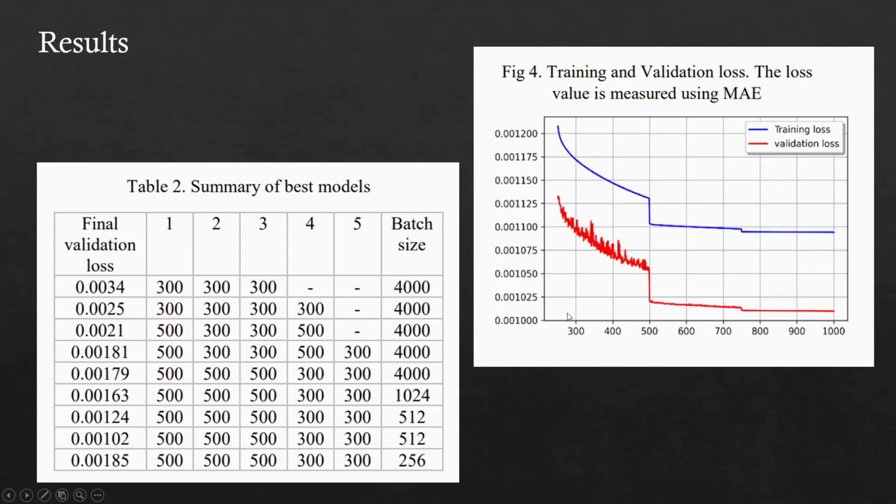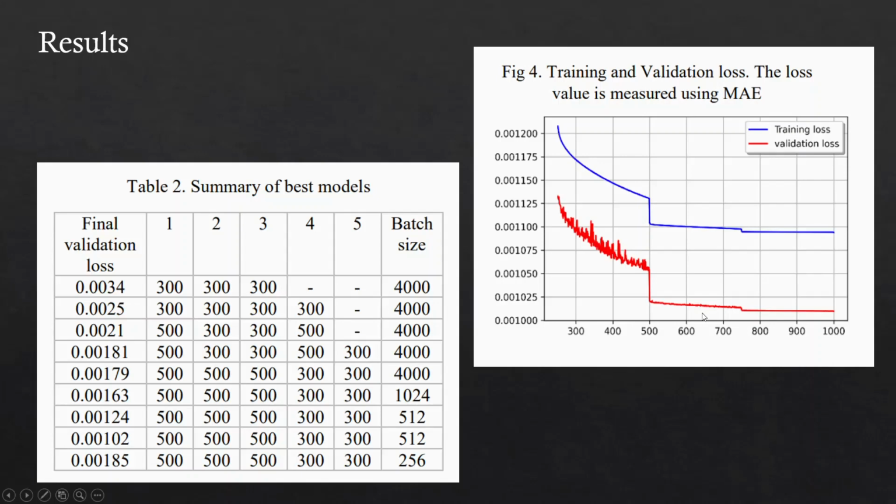For plotting this, I skipped the first 250 epochs because of the fluctuations, to see the convergence much better. It's common that the validation loss is slightly higher than the training loss, but this is not the trend here.